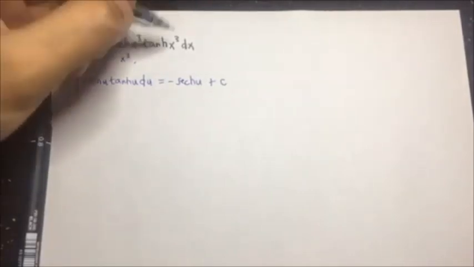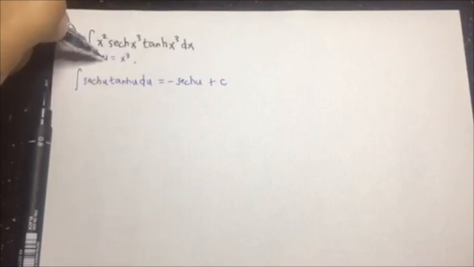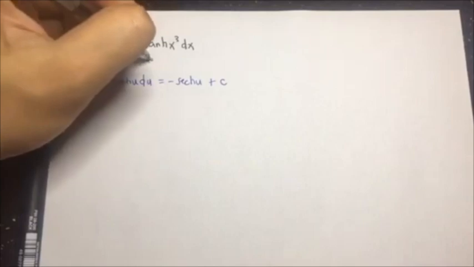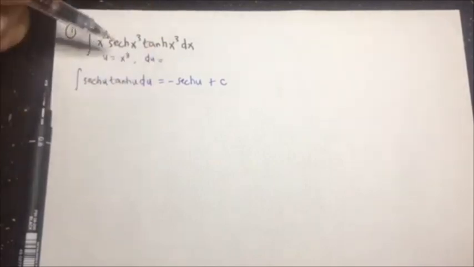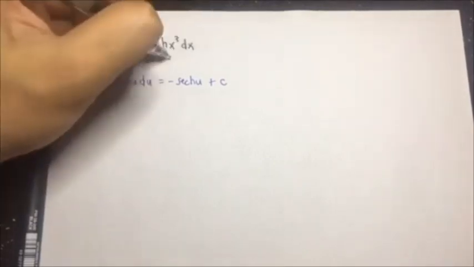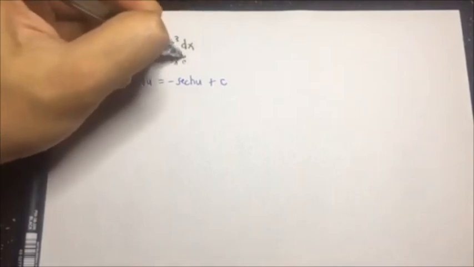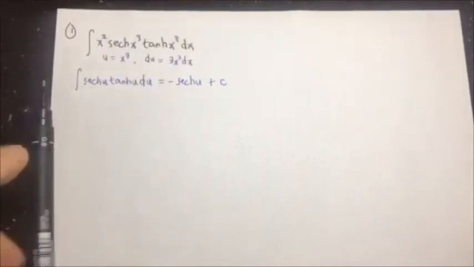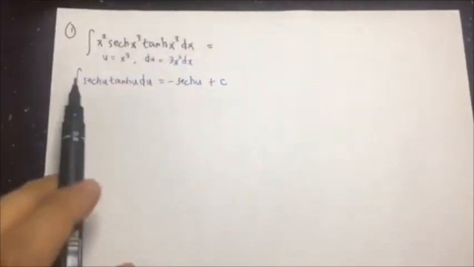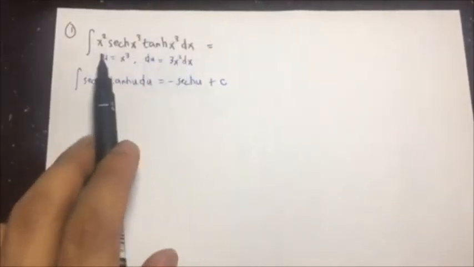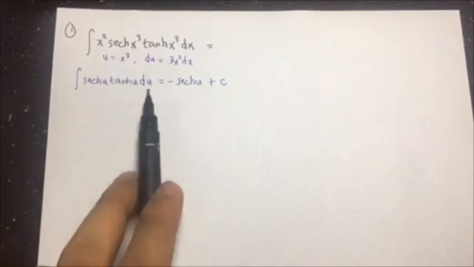The differential of x cubed, that is our du, is 3x squared dx. Let us rearrange this so that it will become in this form.